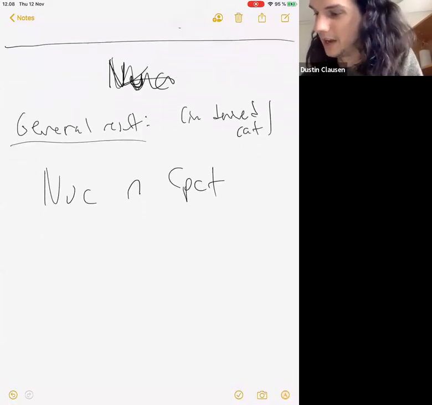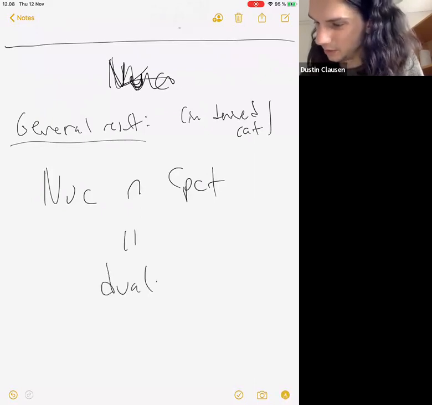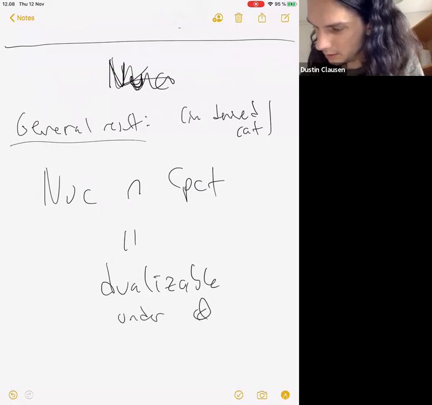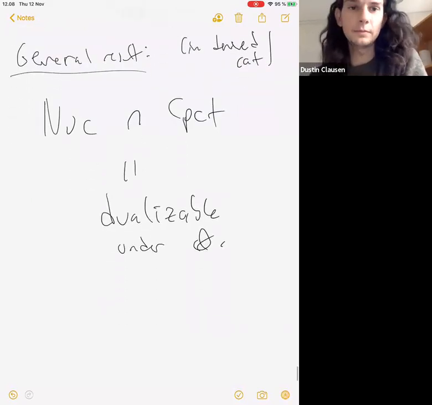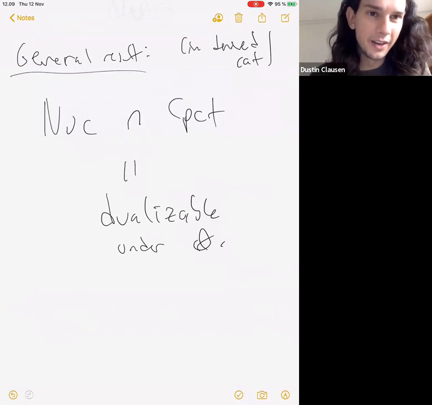If you're nuclear and you're a compact object, that's exactly the same thing as being a dualizable object. In which generality? This generality of the stable infinity category being compactly generated. All right.